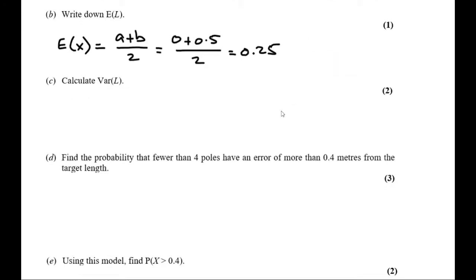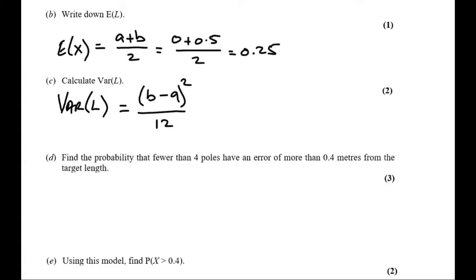We once again have a formula for the variance. It is going to equal b minus a squared all over 12.